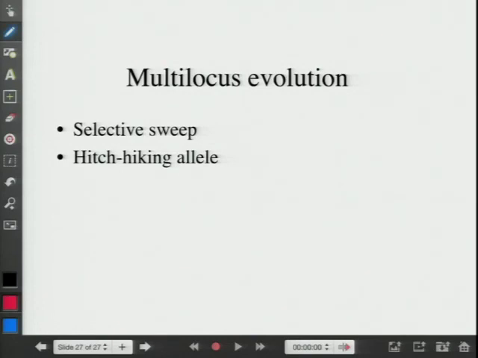One extreme form of this is what's called a selective sweep, where one allele at one locus is strongly favored by selection, so it goes to fixation very quickly. Any alleles at other loci that happen to be associated with it are going to do what?